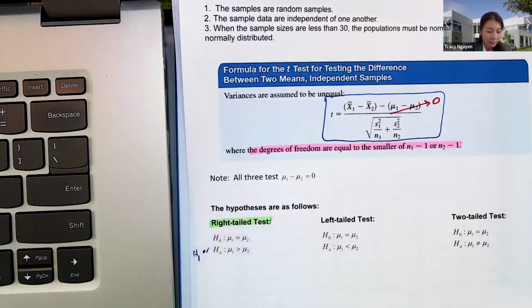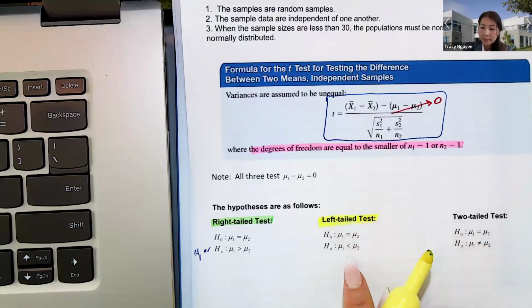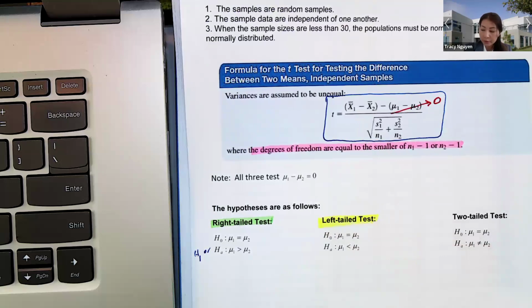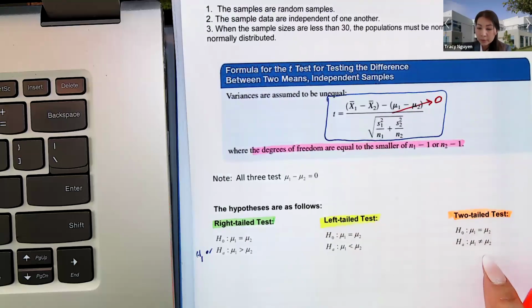For a left tail test, we have basically the same. The only thing we would change is the alternative hypothesis with the less than sign. And for a two-tailed test, we would have the alternative hypothesis with the not equal sign.